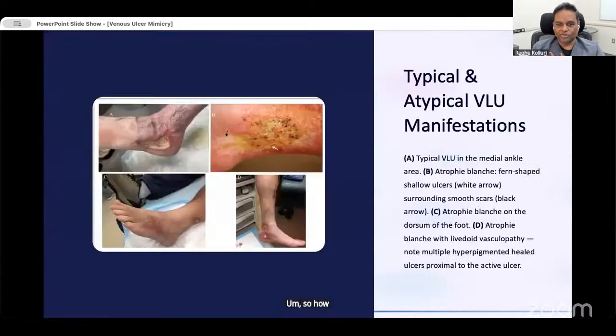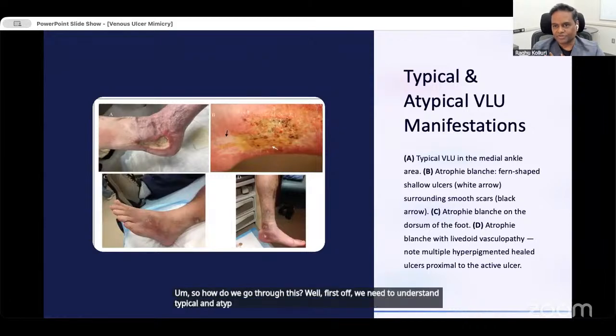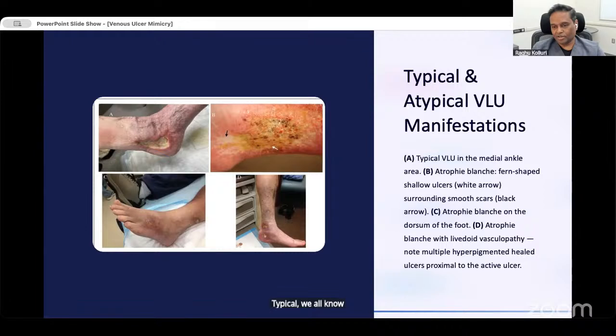So how do we go through this? Well, first off, we need to understand typical and atypical VLUs, right? Typical, we all know, painless gaiter area ulcers, but then there are atrophie blanche ulcers, which can present either with or without livedoid vasculopathy.